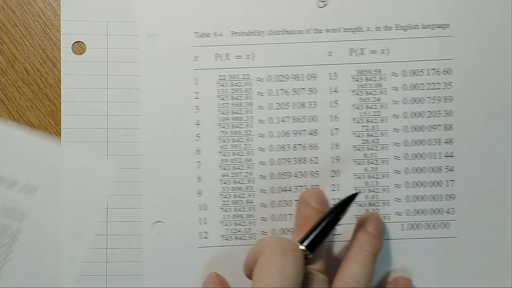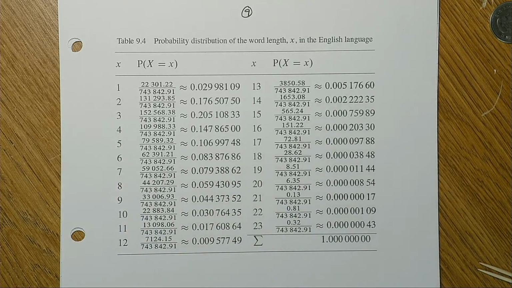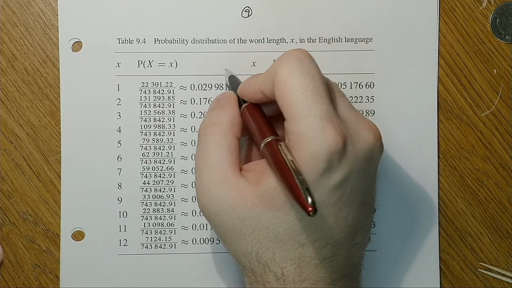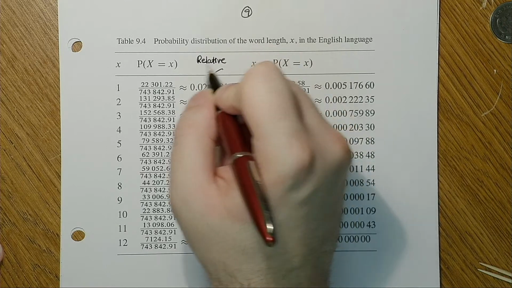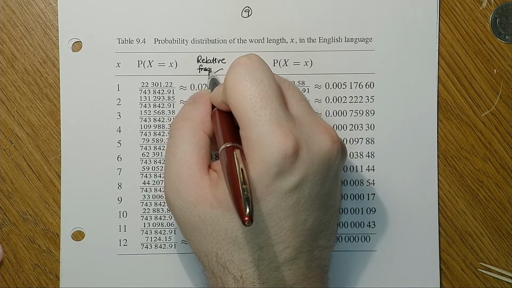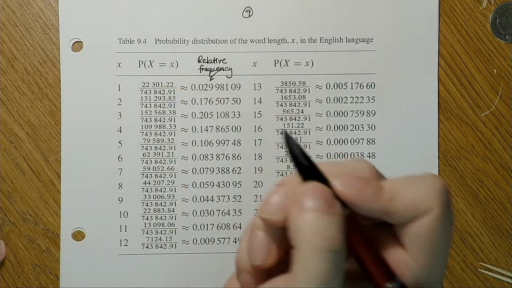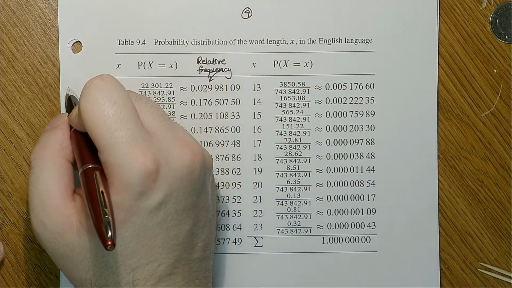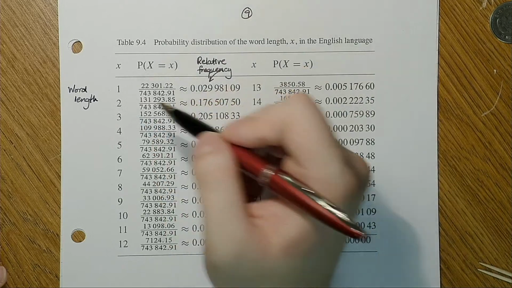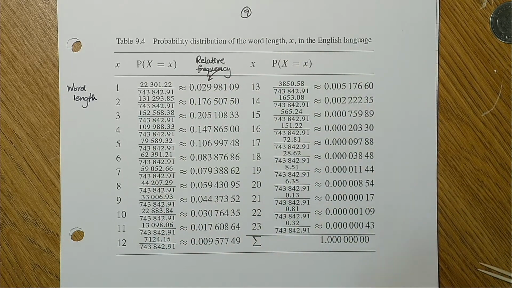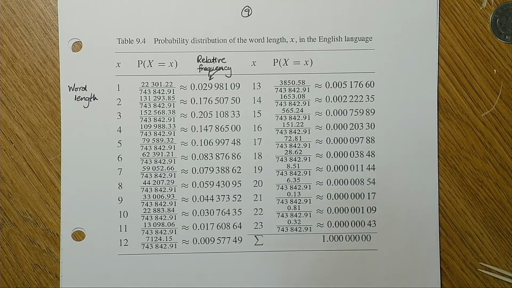And we can then say that these are the relative frequency for, say, a word length of 1. And I've worked it all the way to 23.